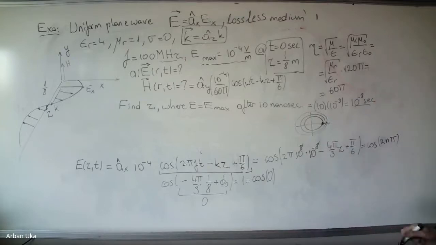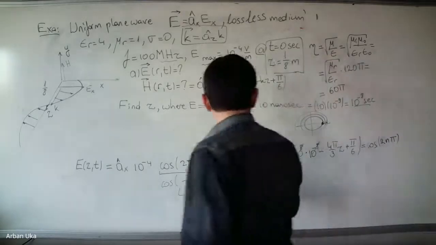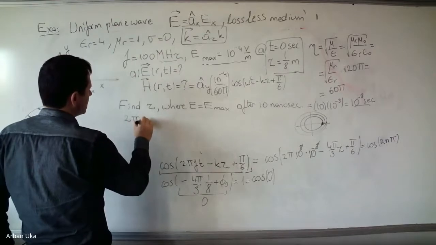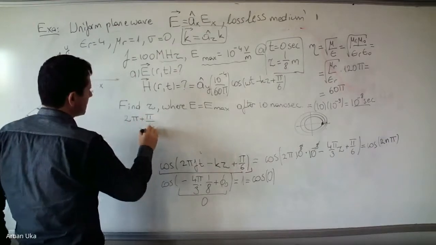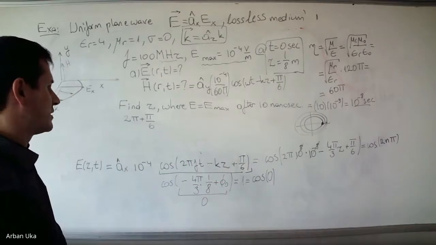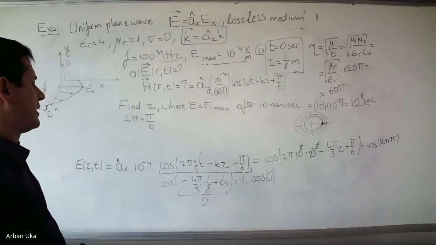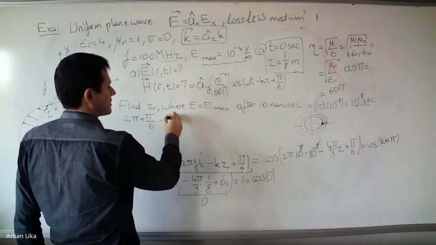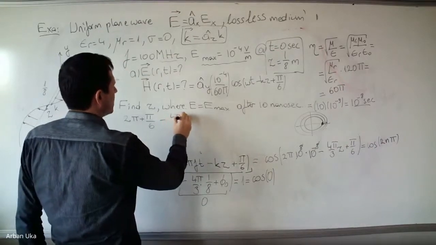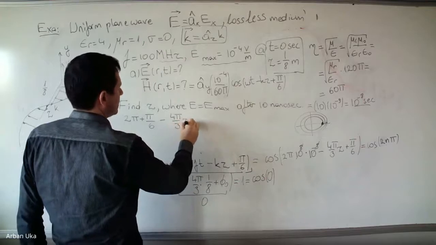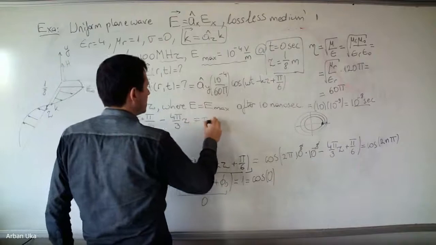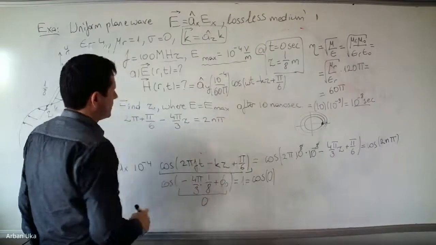We have 2 pi plus pi over 6, minus 4 pi over 3 z, and this is equal to 2n pi, okay?